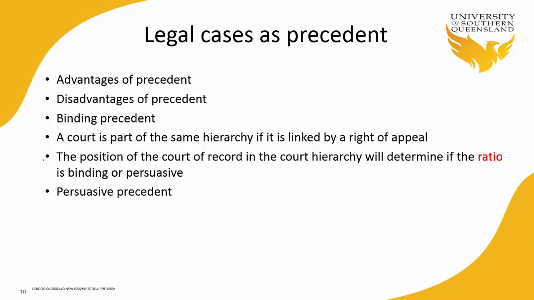And we could probably talk about Milirrpum, if you remember, and what we said there, and the fact that the court in the Northern Territory and the judge there was not actually able to declare Australia as not a terra nullius. And the reason for that was simply because he was bound at the time by the case of Cooper v Stuart from the United Kingdom, from the appellate cases, and that's the thing that we're talking about here, that it was difficult for them to move away from that precedent, which is a disadvantage.